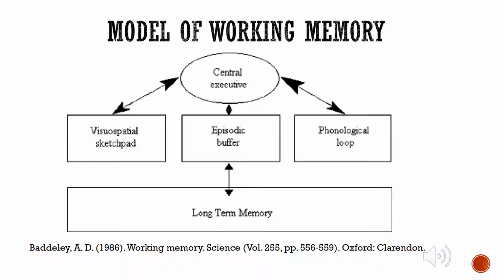On the right, we have the phonological loop, which is a system that temporarily stores auditory information. And last, in the middle, we have the episodic buffer. Less is known about this as compared to the other two, but this is where you can link information across all domains, as well as your short-term and your long-term memory. Just like last time, if you would like to read more about this model, you can read the article cited at the bottom of your screen.